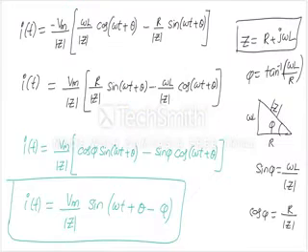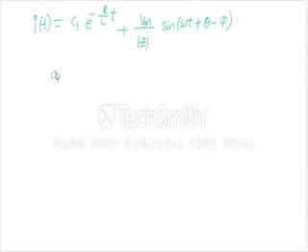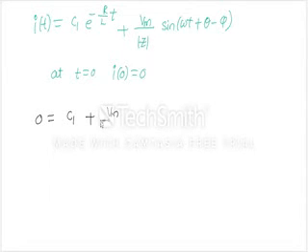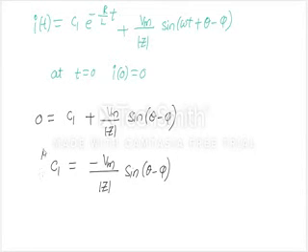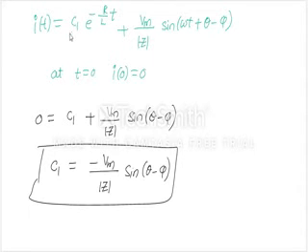So let us apply this initial condition: I of 0 is 0. Initial current is 0, so 0 is equal to C1 plus Vm by mod Z into sin of theta minus phi. So from this, C1 will be minus Vm by mod Z into sin of theta minus phi. This is C1. So this C1 value I can replace here.